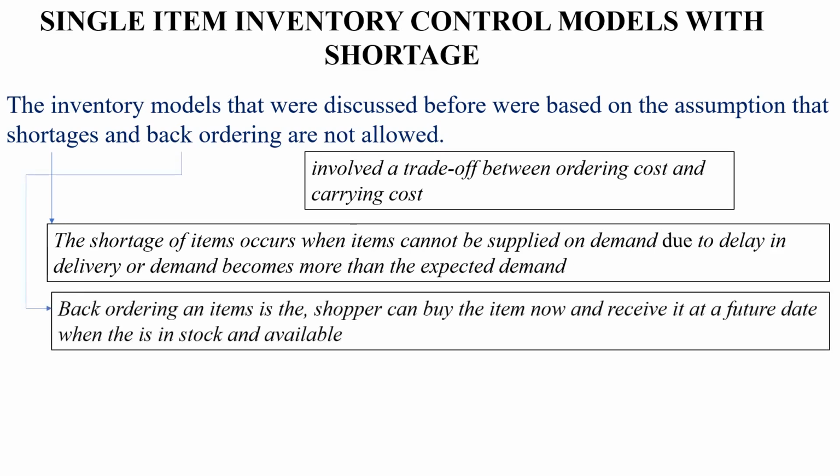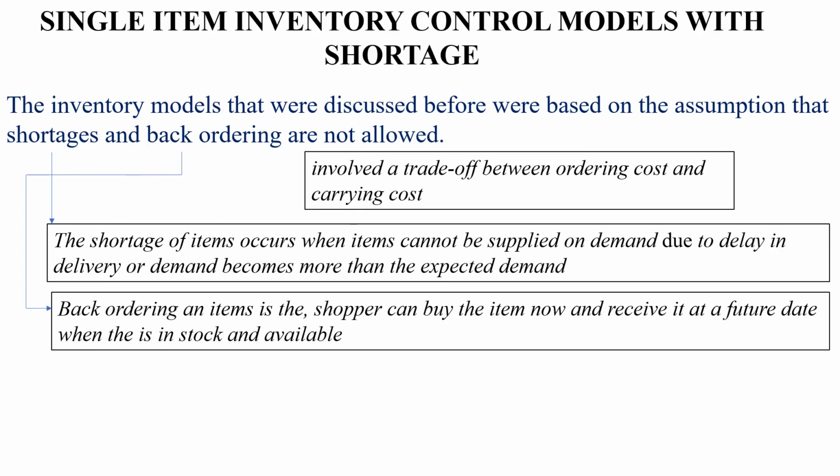And what is meant by back ordering? Back ordering an item means the shopper can buy the item now and receive it at a future date when it is in stock and available. So back ordering means receiving the items later when they are available.